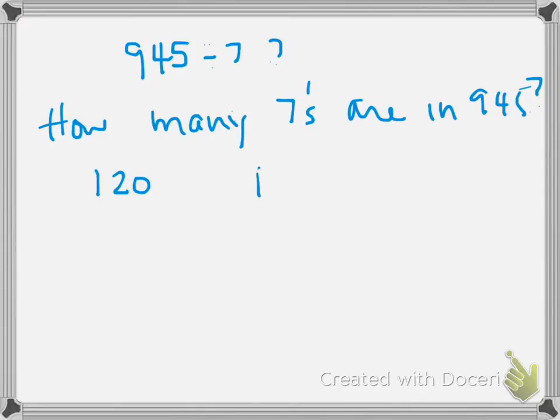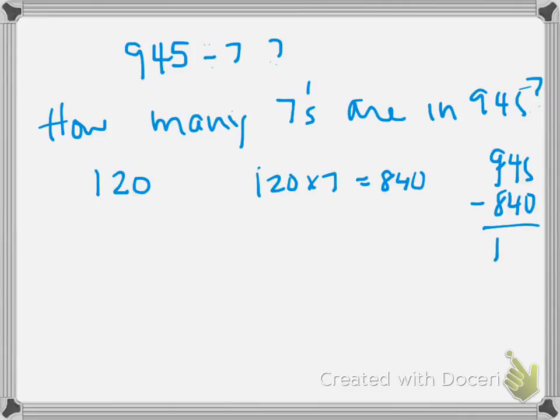Okay, so I think that 120 times 7 is 840, and so I've got 945 minus 840, which gives me 105. So then I ask the question again, and I say, well, how many sevens in 105?